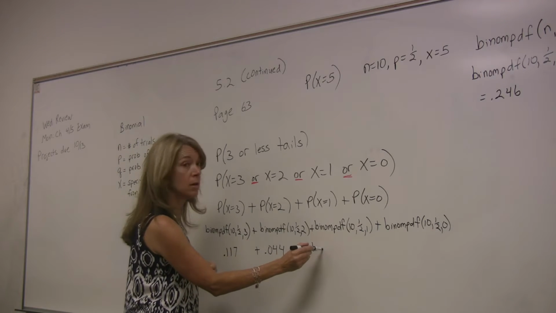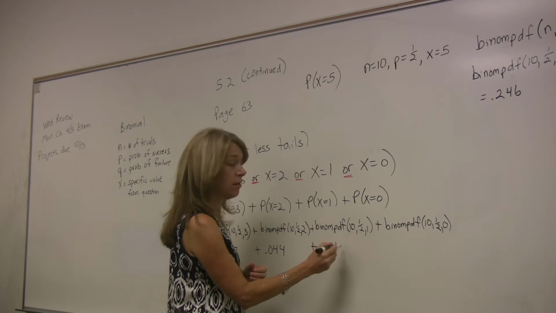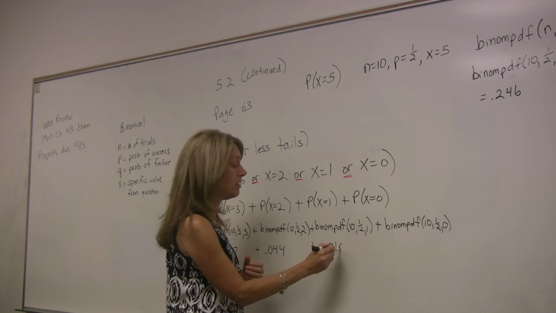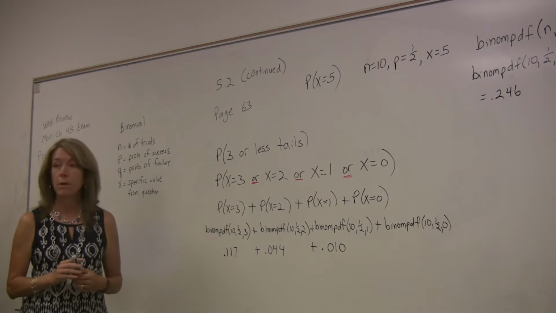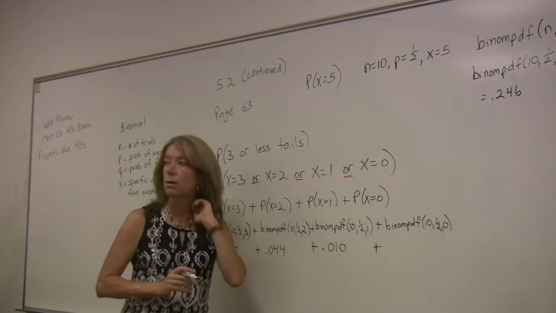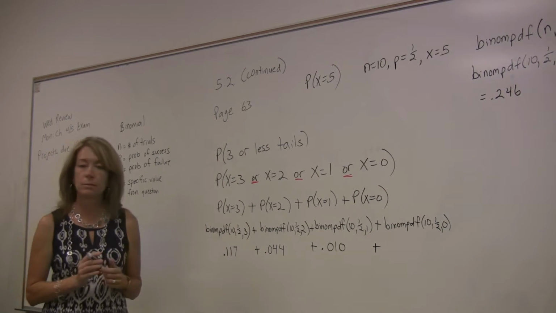Everybody get the next one? 0.01? 010, if I go 3 decimal places? 0.0098. Okay, so it would be 010, right? Mm-hmm. Rounding it. And the last one? 0.001.